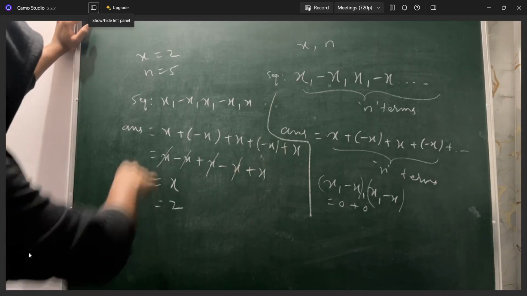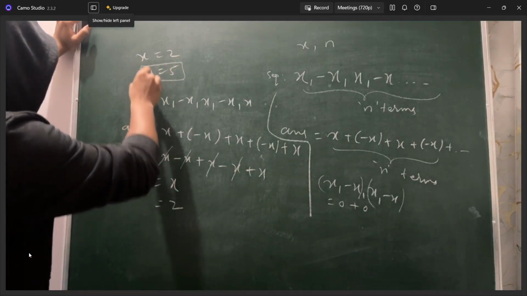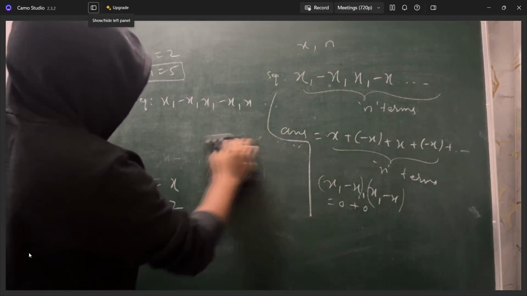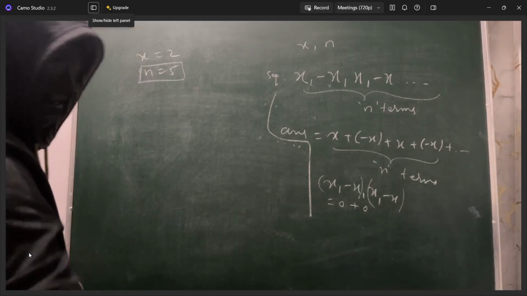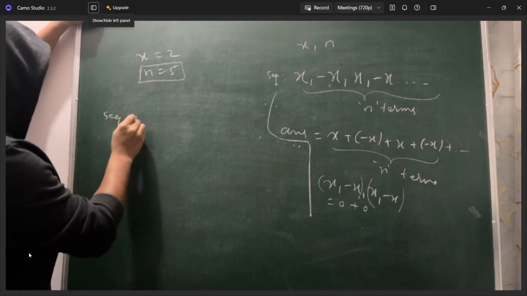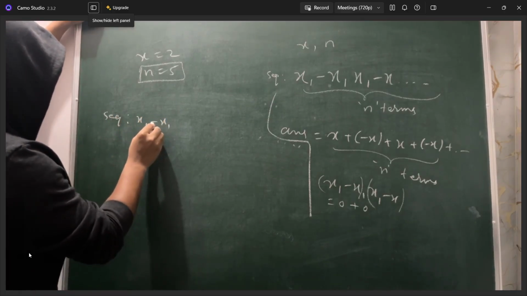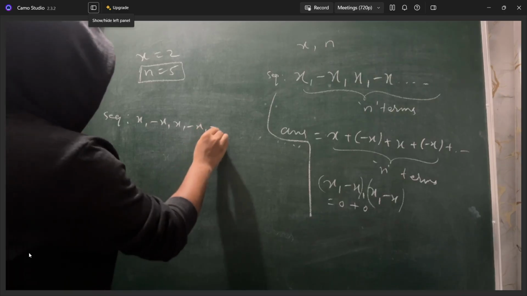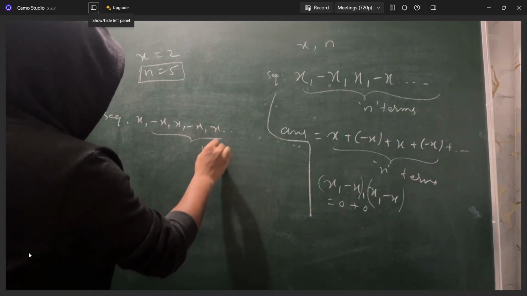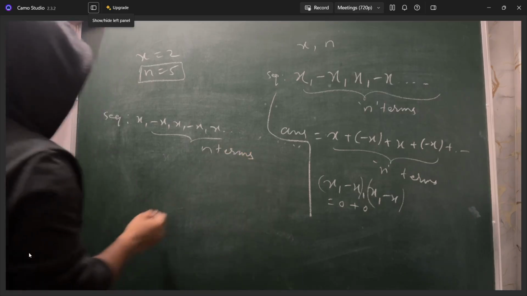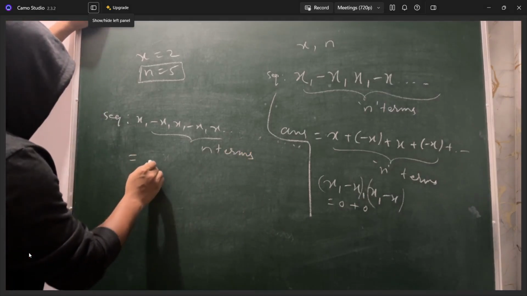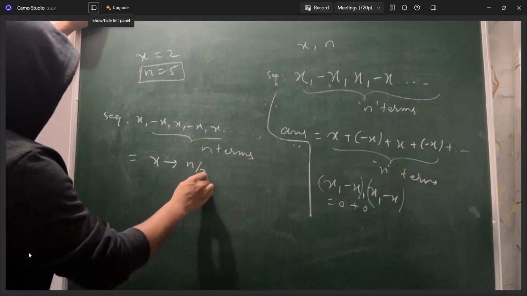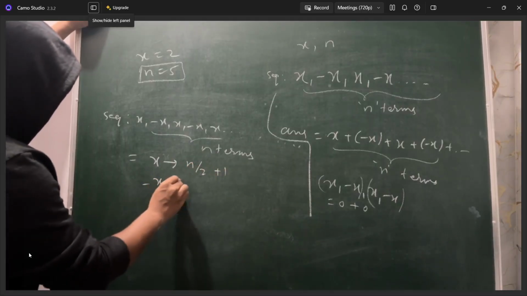So whenever n is odd, your answer will be x. Why did I say that? Let me try to generalize this. You have a sequence which starts with x and keeps changing its sign, positive and negative, and so on. This will have n terms, and since n is odd, you always have x as n by 2 plus 1 times and minus x as n by 2 times.